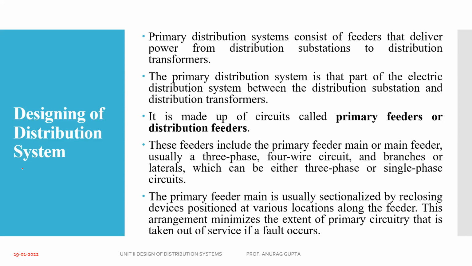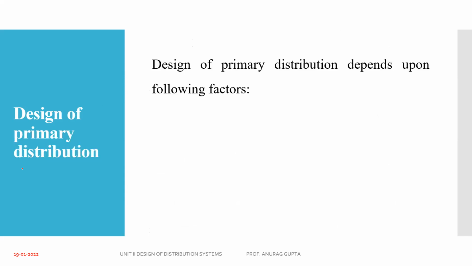The primary feeder mains is usually sectionalized by reclosing devices like relays, circuit breakers and the bus bar system. Of course, we make a sectionalizing system of the primary feeder so that if there is any fault, we can use some parallel feeder or we can sectionalize the faulty system from the healthy system.